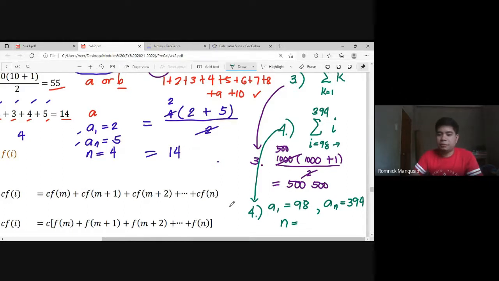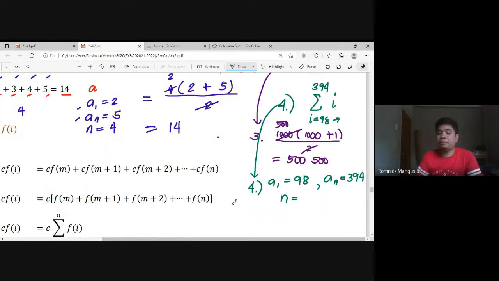You are going to remove 97 from 394. So we have 394 minus 97 is 297. Nag-start ka kasi sa 98, no? So ibig sabihin, tatanggalin mo ang 97. And 394 minus 97 is 297.